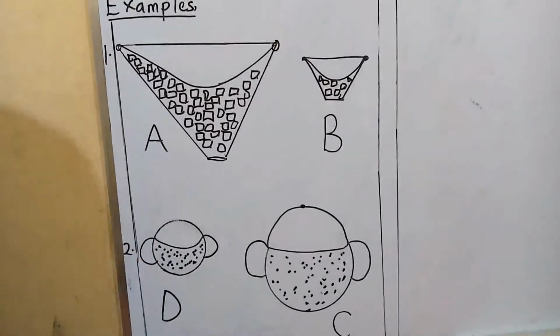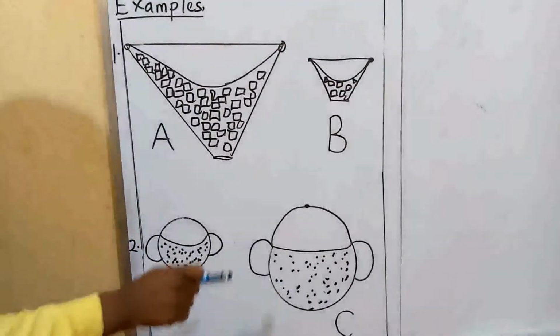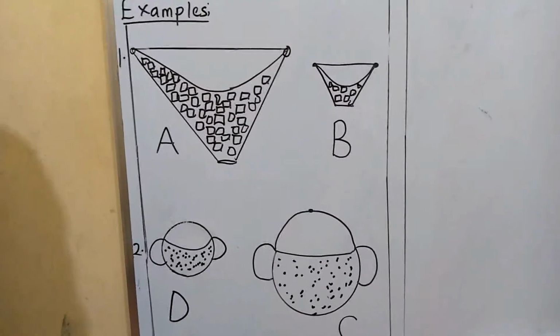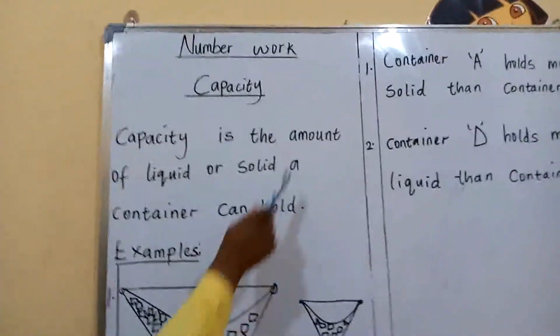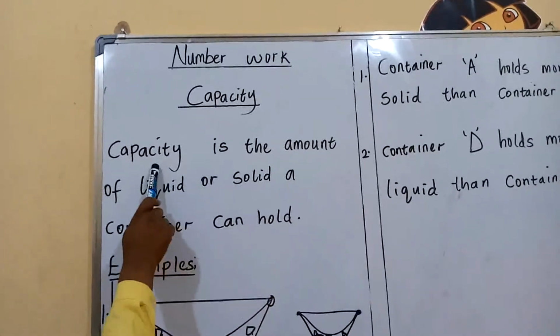Have you seen it there? I said it is container C that contains more liquid than container D. Remember, we said capacity is the amount of liquid or solid a container can hold.